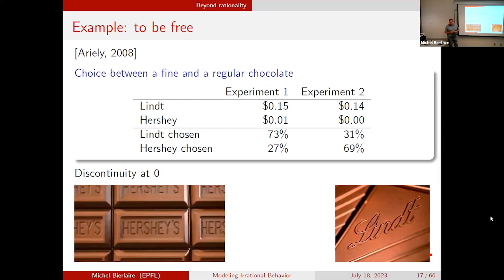And most people prefer the Swiss one. And now you shift the prices by 1 cent. So you decrease the two prices by 1 cent. So the price difference stays the same. So it's 14 cents versus 0. And now, again, the proportion of people buying the chocolate are exactly the opposite. It's chocolate for free. Exactly.